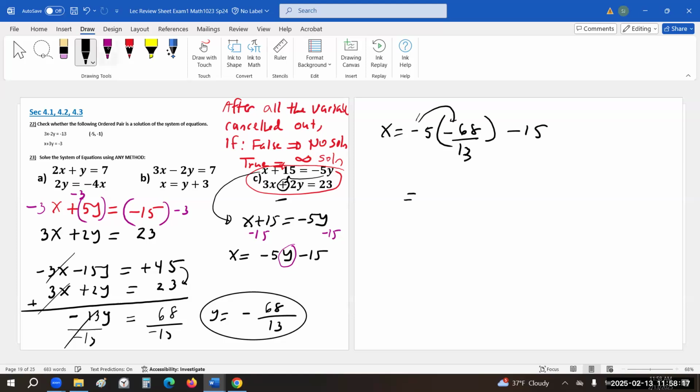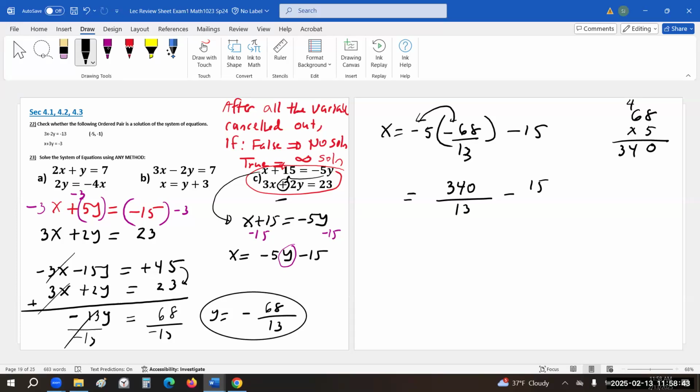The negative and negative turns into positive, and we multiply the top. 68 times 5. 5 times 8 is 40. We get 4 on the top. 5 times 6 is 30 plus 4 is 34. So 340 minus 15.